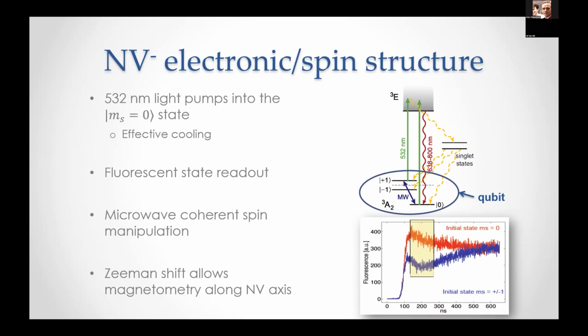Could you please just walk us through what's happening in the non-radiative decay process here? These wiggly yellow lines basically represent phonon-assisted relaxation from the excited state to this singlet state.